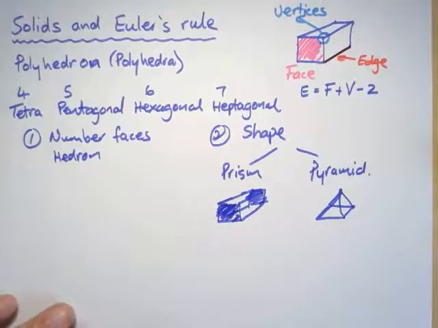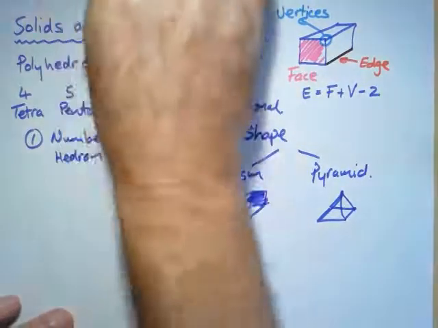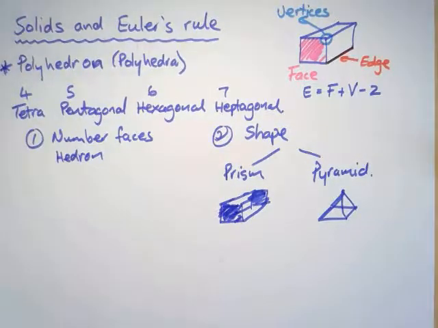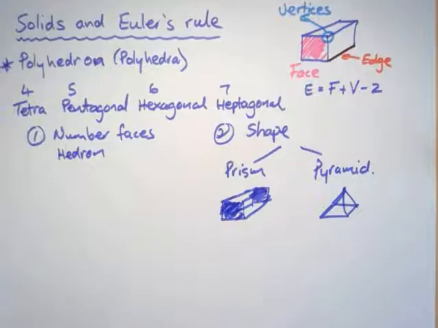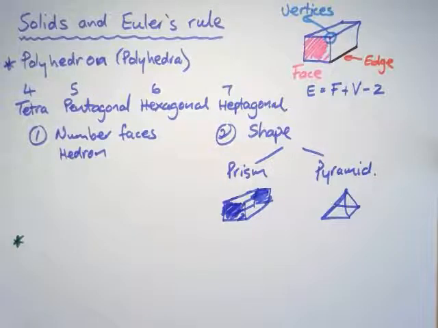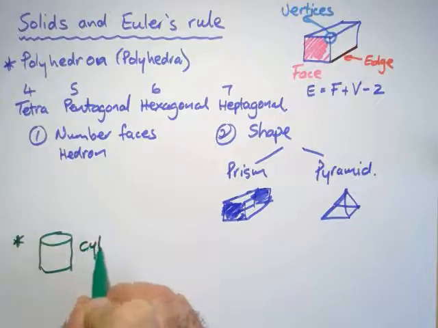If it's not a polyhedron, other solids that we also talk about are ones with rounded sides, and the specific ones that we are interested in are round base, and that is a cylinder.